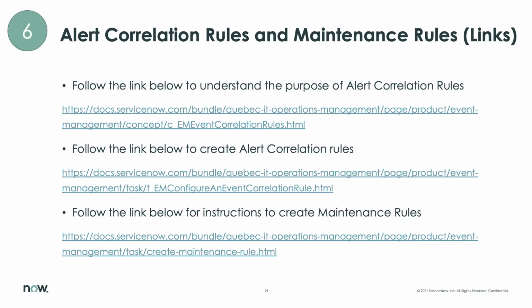And those alerts based on that CI are going to go ahead and be suppressed within that change window. So even if alerts are coming into the operator workspace, they'll go ahead and be suppressed due to that change window being open, due to it being in maintenance mode. And you can, of course, customize those maintenance rules, turn that default status off under the maintenance rules within the event management module.